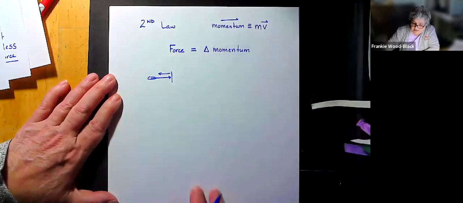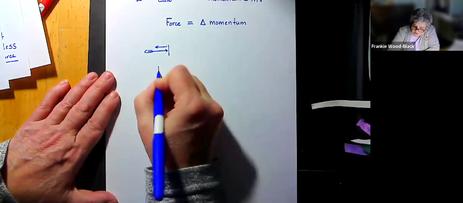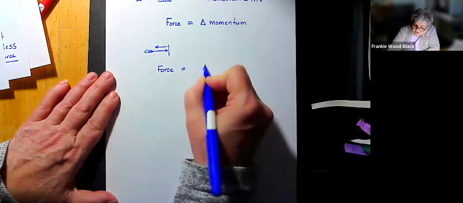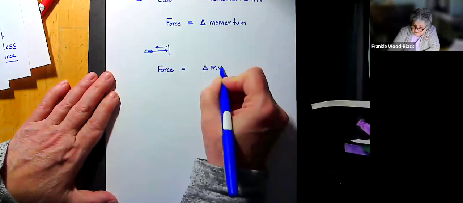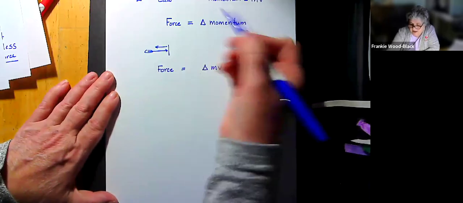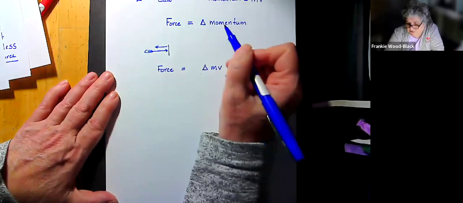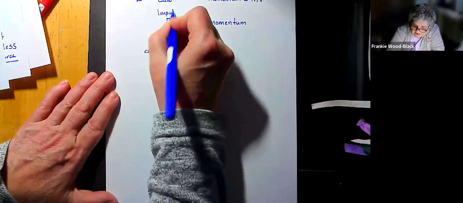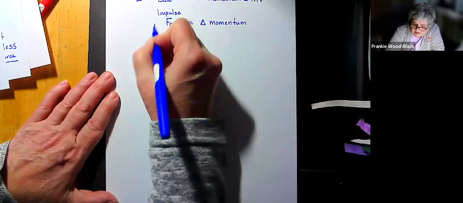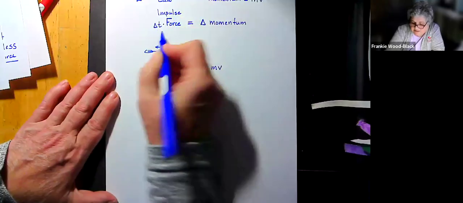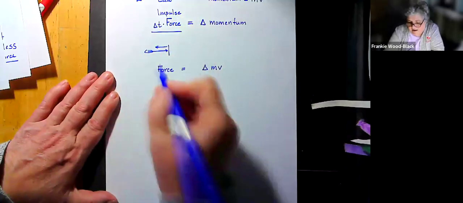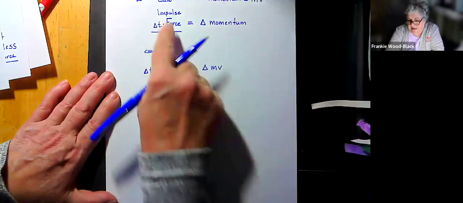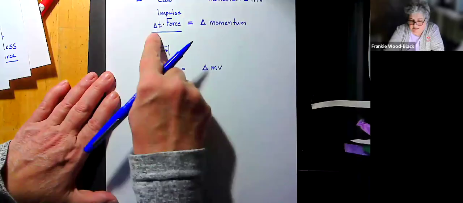Well, if I do this, my force, and we're going to look at this, my change in momentum, actually, this is actually impulse. Sorry, I left something out here because something's missing. An impulse is the force times the time. So I have a change in time. There's my impulse. My impulse is equal to a change in momentum.